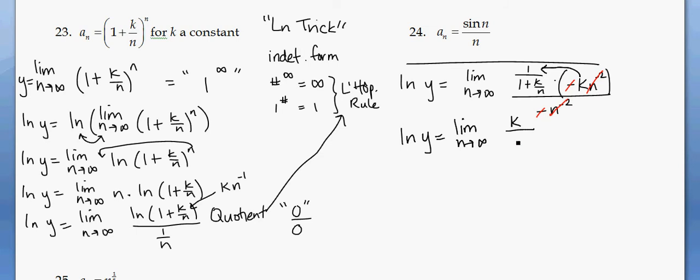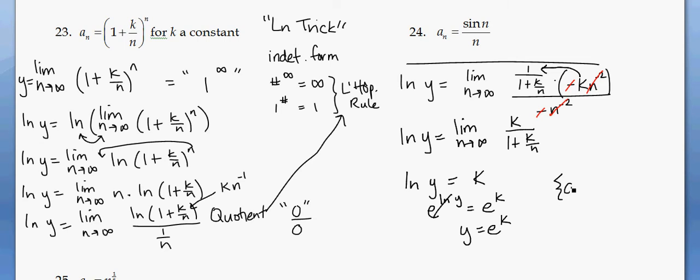That stays in the numerator, over 1 plus k over n. Okay, so we've applied L'Hopital's rule. Now as we take n going towards infinity, this portion right here is going to go to 0, and so we're just left with k. So natural log of y is equal to k. Solving for y, e to the natural log of y is equal to e to the k, and so y is equal to e to the k.